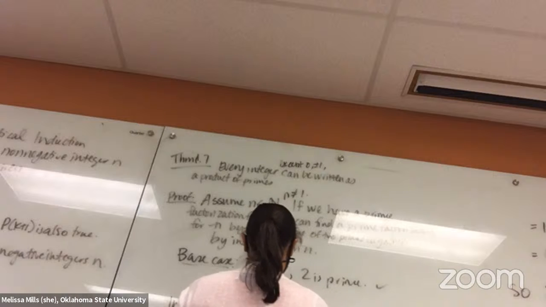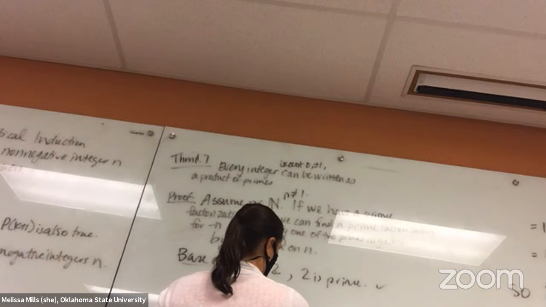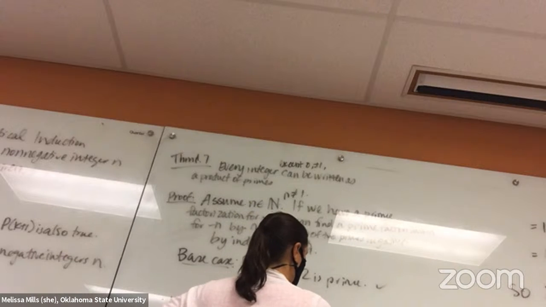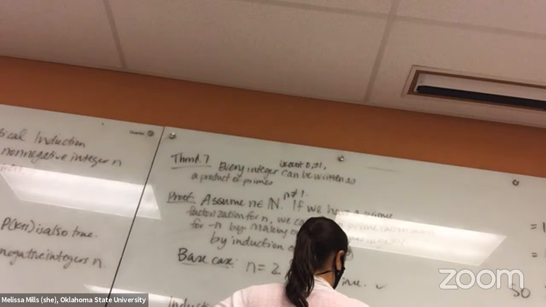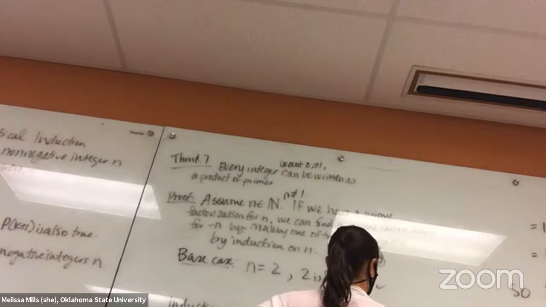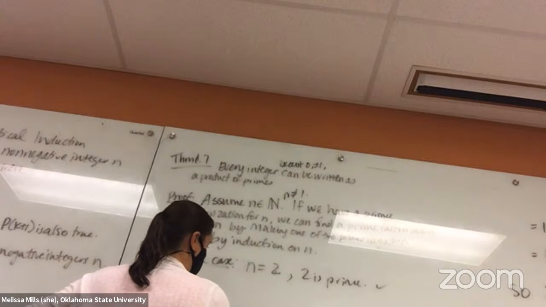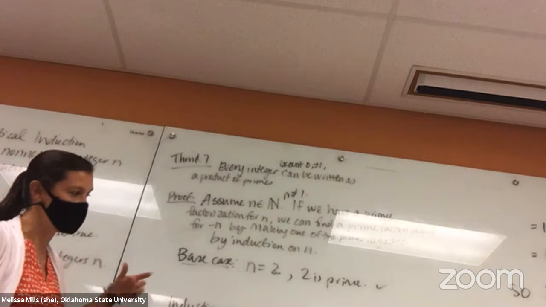So we're going to assume that k is a product of primes for k less than or equal to n.